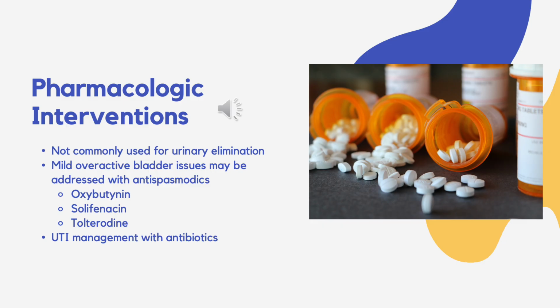Some of the common medications we see are oxybutynin, which works to relax the bladder muscles, solifenacin, which reduces the urge to urinate, and tolterodine, which helps decrease bladder spasms and frequency. All of these medications are typically used on a short-term basis, and they need to be carefully monitored for their effectiveness and for any side effects.